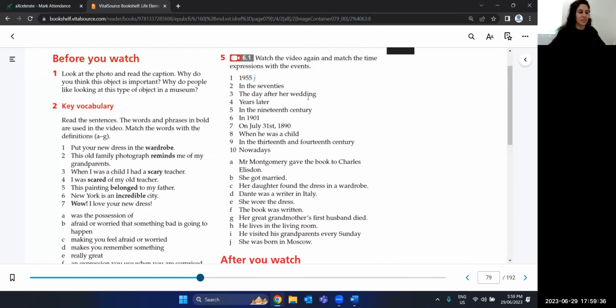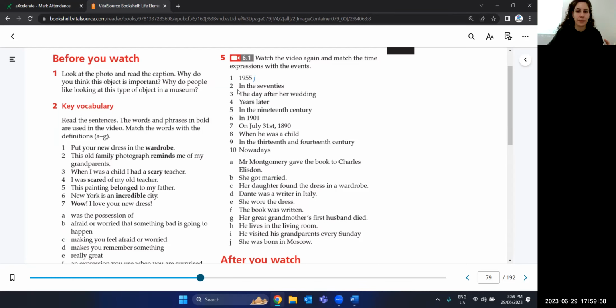Okay, so let's check. So we have the first one, they did it for us. In 1955, she was born in Moscow. So I remember that was the woman speaking about her grandmother's dress.